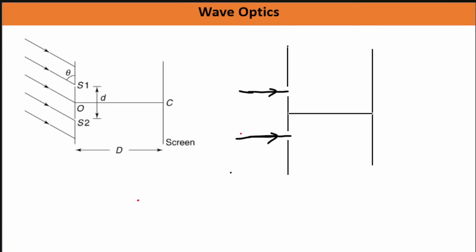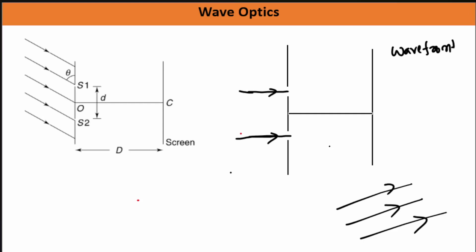So let's do one thing to understand this: we will take the help of the wavefront. If rays of light are coming like this from infinity, then you know the wavefront will be planar. So make such a plane. This is the wavefront. And there is one very important thing: the direction of light will always be perpendicular to the wavefront.